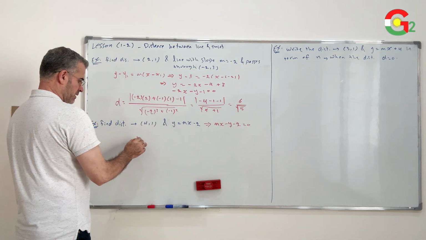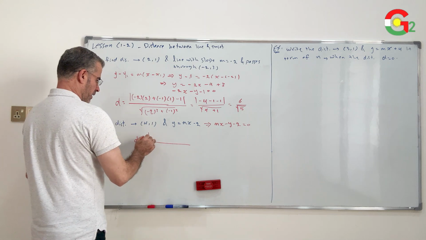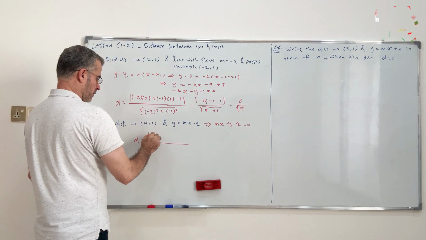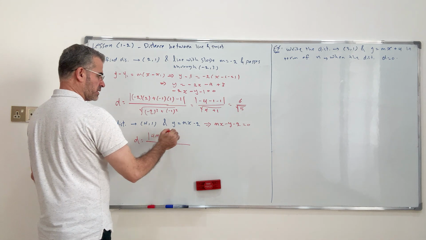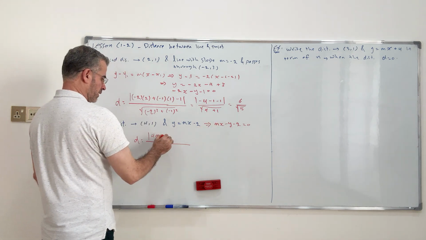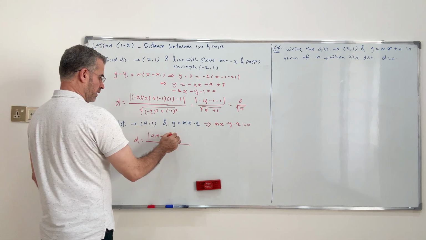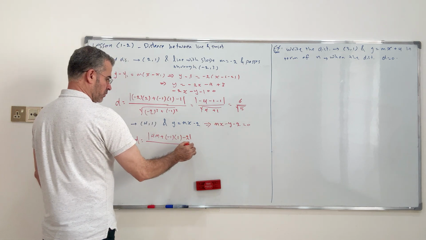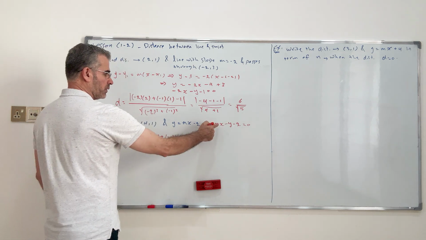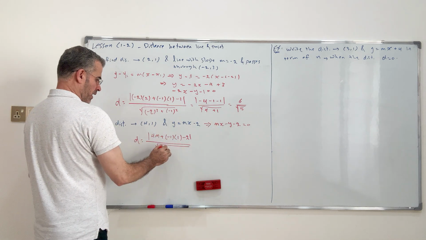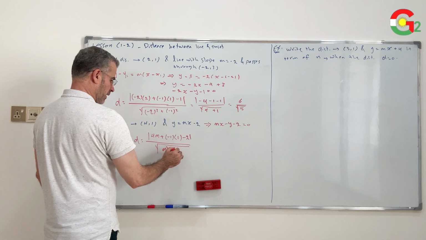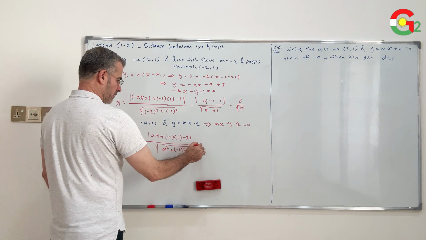Then the distance will be absolute value a x1, 4m, plus b, -1 times y1, 1, plus c, minus 2, over square root a square, it's m square, plus b square, -1 square.